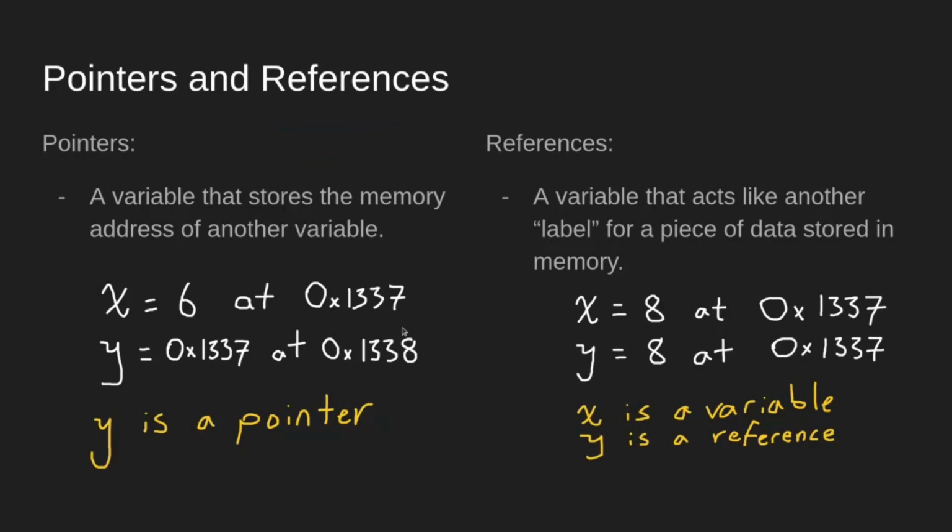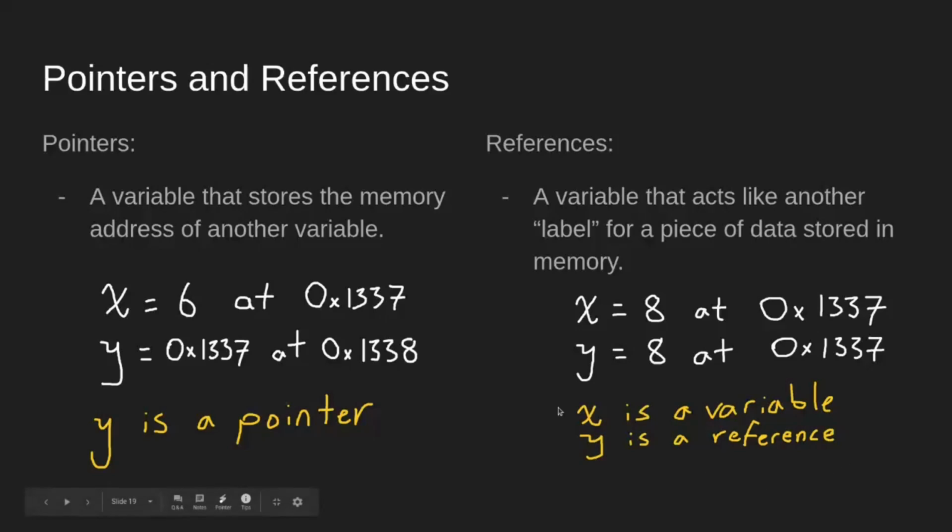So pointers and references are really, really similar things. And what I'm describing here is the way that they're defined in C, I'm pretty sure. Essentially, a reference is like you give a variable another name. For example, if you had a friend named Robert, and Robert has short forms like Bob or Rob, in the end, Rob and Bob are just another way to say Robert.